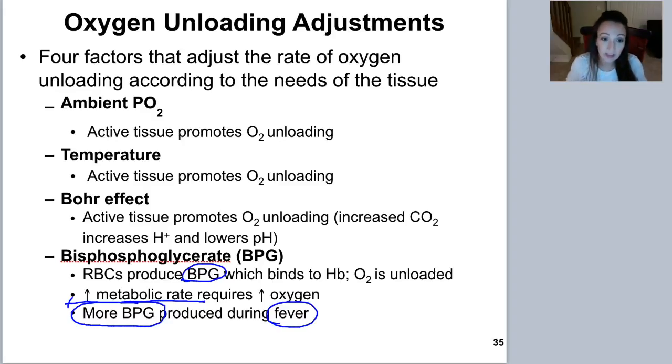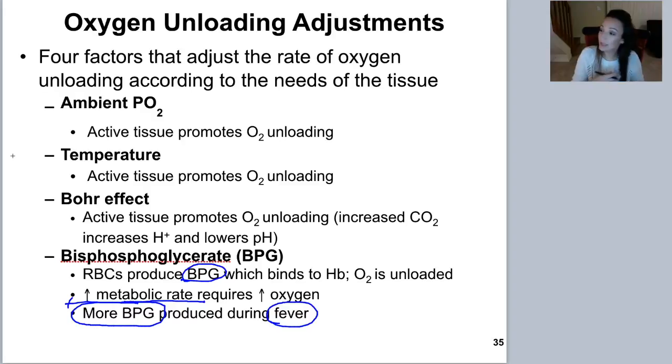So all of these factors are allowing our tissues to basically regulate their own access to oxygen. Each tissue, just by producing extra carbon dioxide or having a low amount of oxygen in it or being a little bit warmer, can regulate its own oxygen supply.